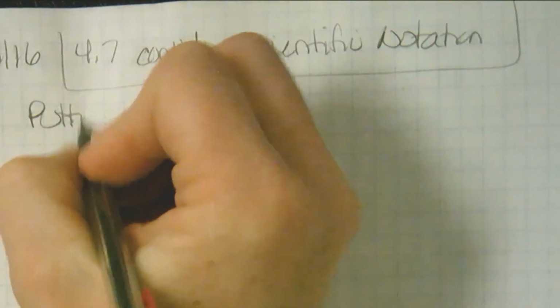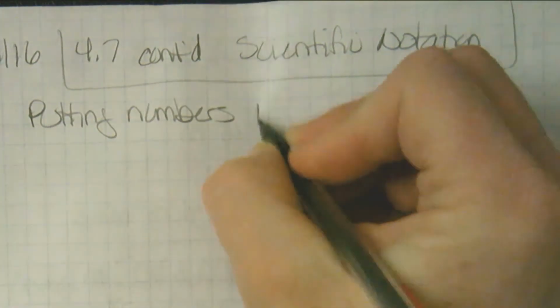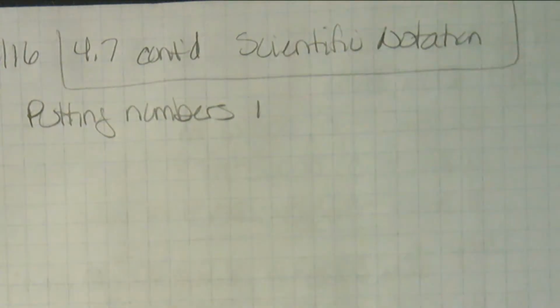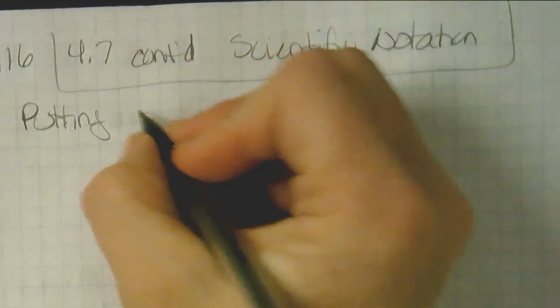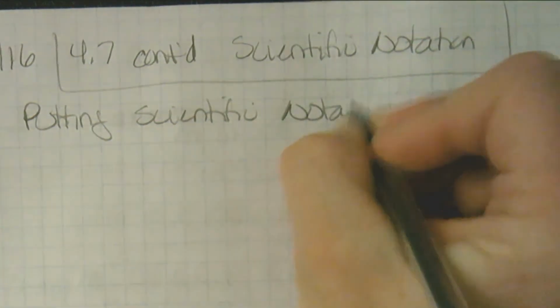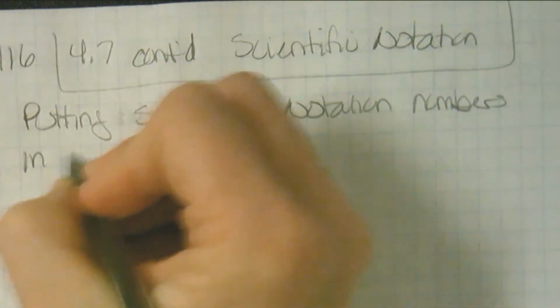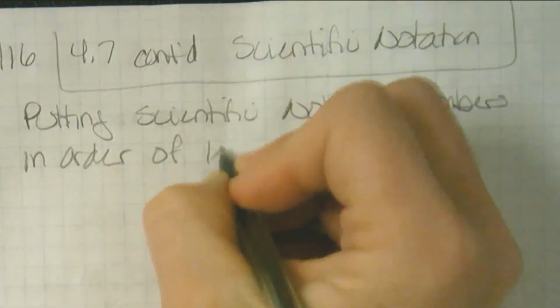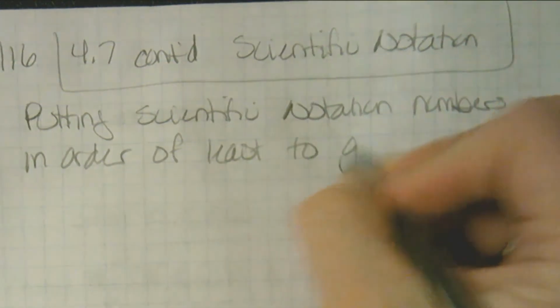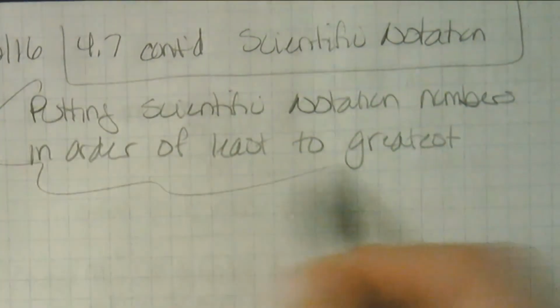And what I want to talk about today is putting scientific notation numbers in order of least to greatest. All right, that's what we're going to be doing today.